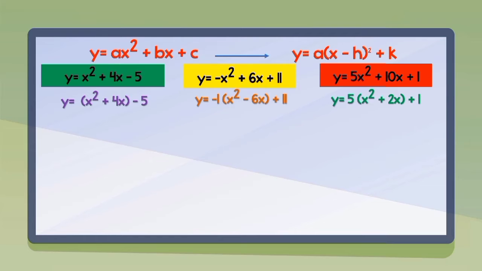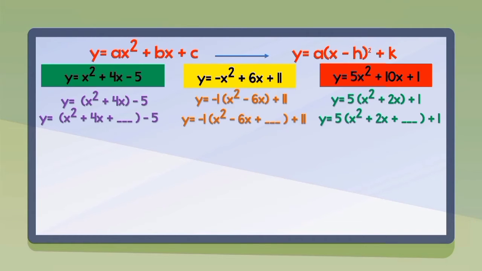Now we can get the terms inside the parentheses and create a perfect square trinomial. So we have the last terms as our missing terms. What we do now is complete the square. We can find c, or the missing term, by dividing b, the numerical coefficient of our second term, by 2. After dividing by 2, square your answer.